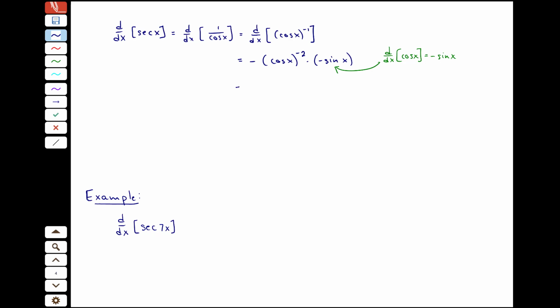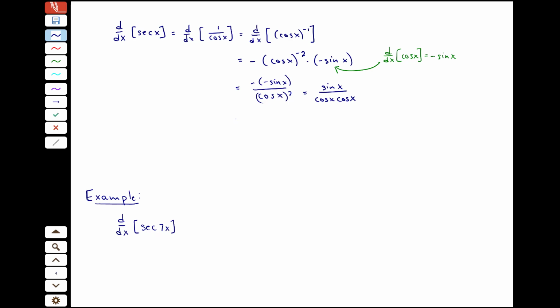Okay, now this simplifies quite a bit. To begin with, I can put this cosine x squared in the denominator, and then in the numerator, I have the negative and negative sine x. So the negatives cancel out, and overall, I have a sine in the top and 2 cosines in the denominator.